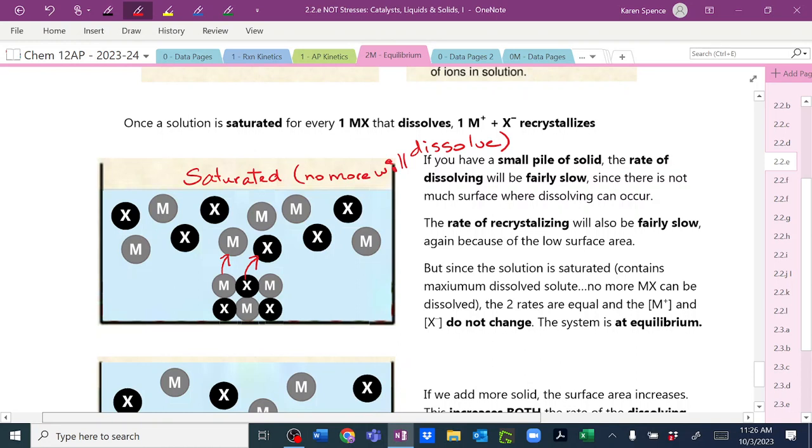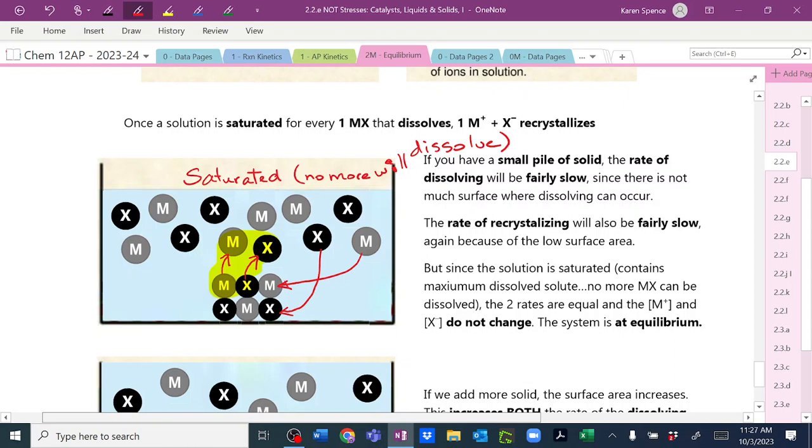So if it's saturated, if no more will dissolve, then every time one set of particles dissolves, what has to happen? Another set of particles has to come together and form solid.